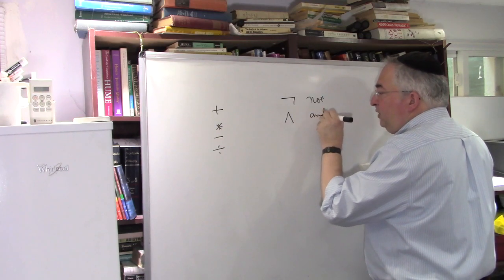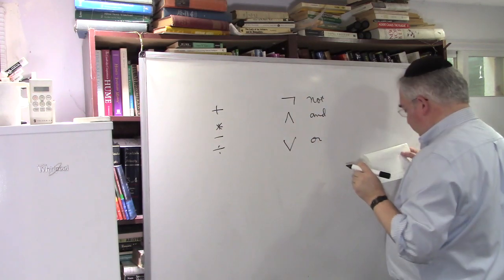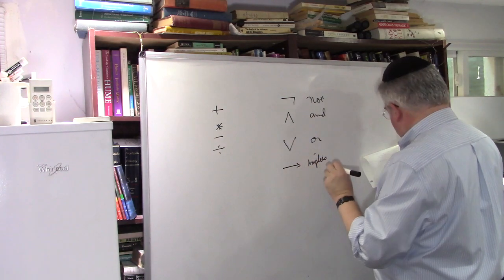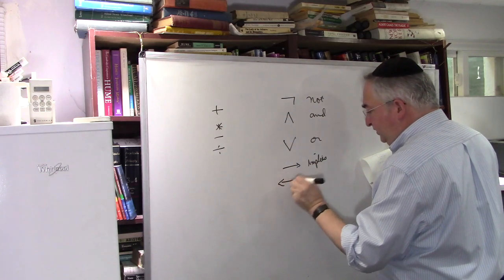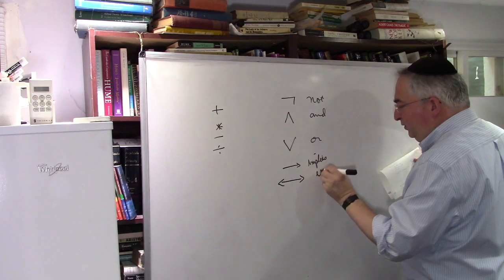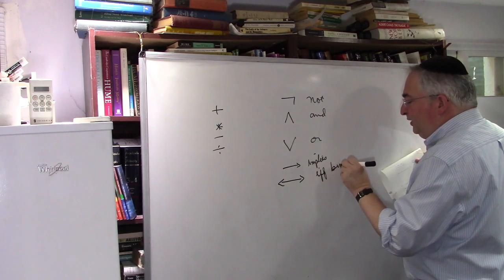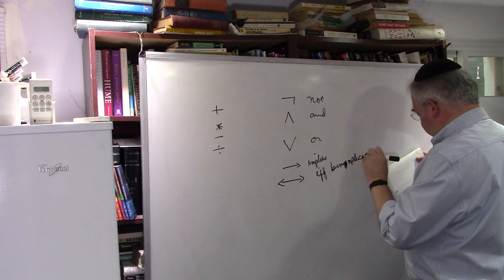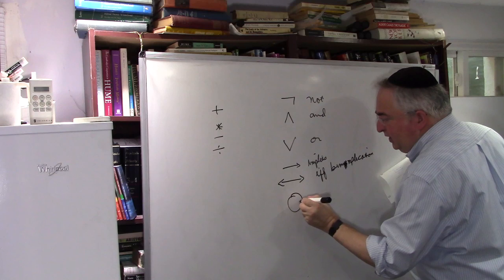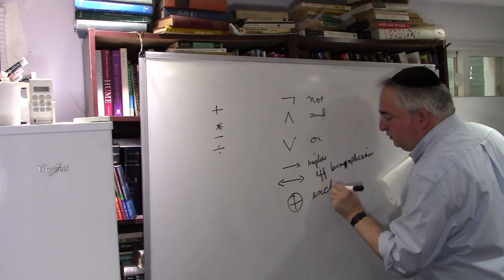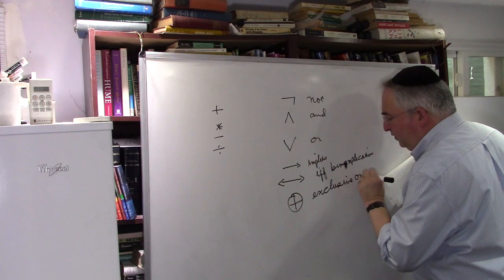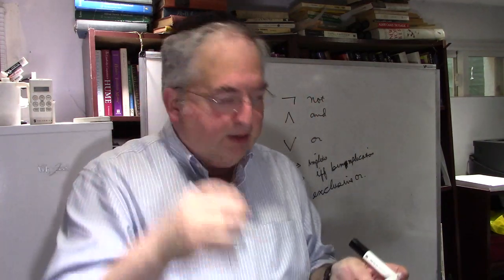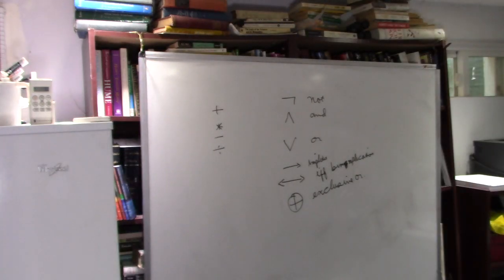And, or, implies, this is sometimes called if and only if, or by implication. That's a little bit more complicated. And this is exclusive or. So those are 6 operations. We're going to see some other operations also, but let's talk about these operations.